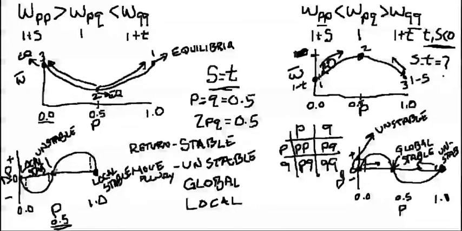Now this was under the assumption that S and T were exactly the same. And that's not always going to be the case. What's going to happen in these two scenarios if S and T are not equal to each other? Well, we'll take a look at that now.